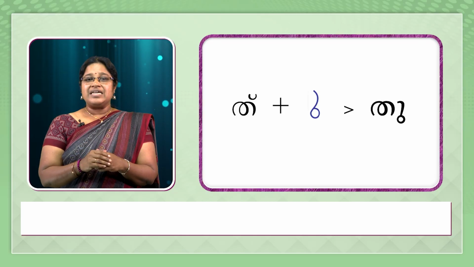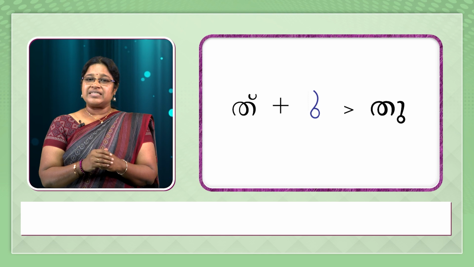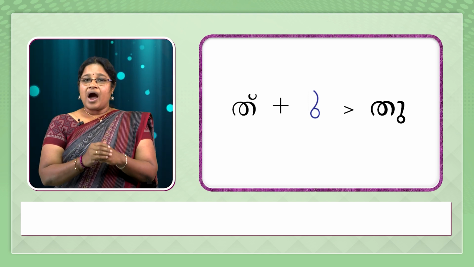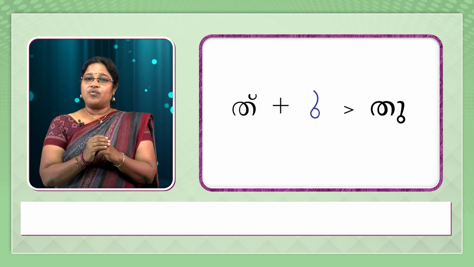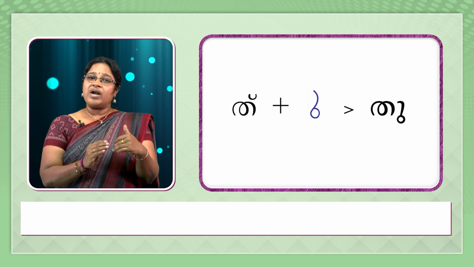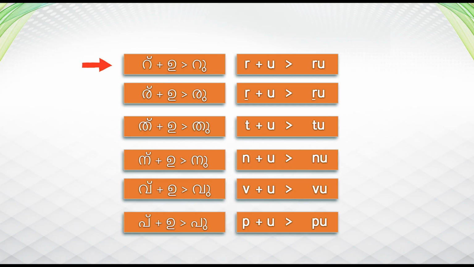We studied 11 consonant letters till now. Add the secondary symbol of U with all these letters. R plus U, Ru. T plus U, Tu. N plus U, Nu.